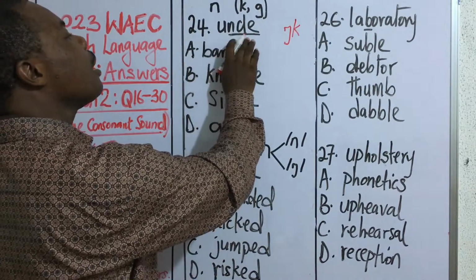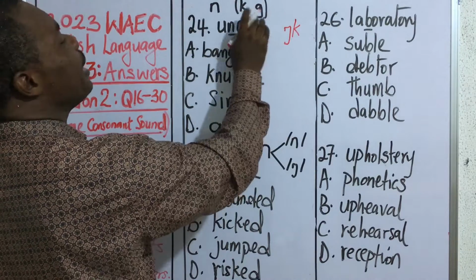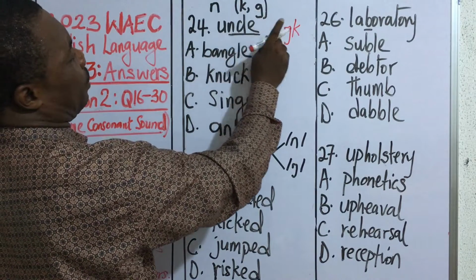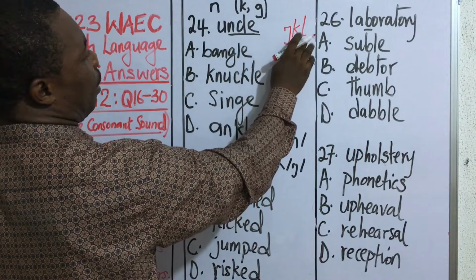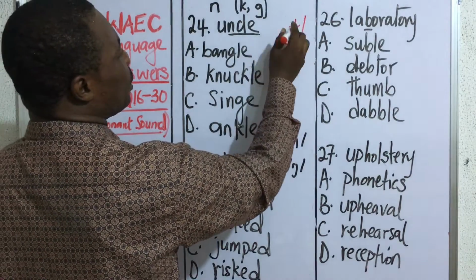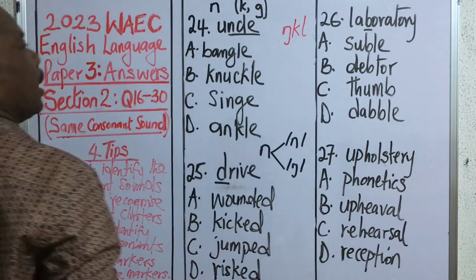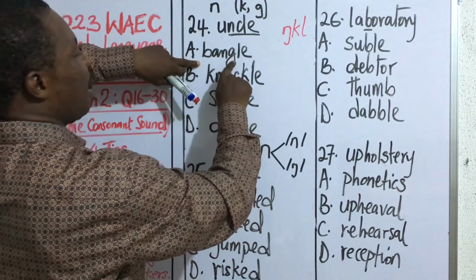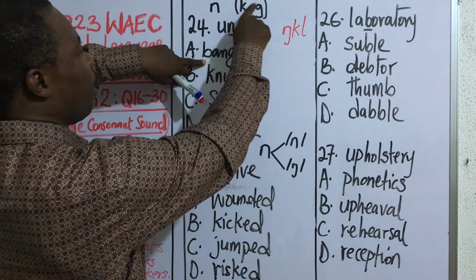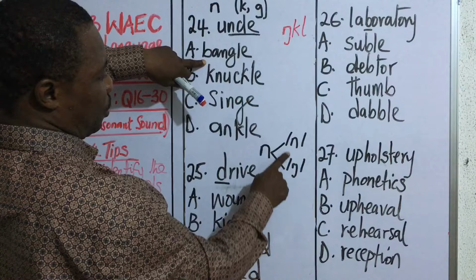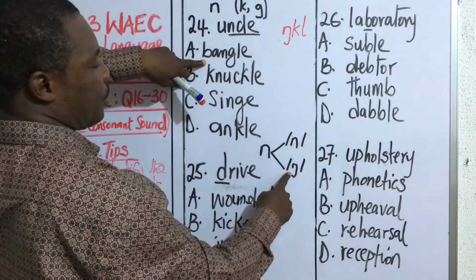And the uncle, then LE, all the letters LE that come together in oral English are realized as just an L. So this sound now is what? Uncle. Right. Option A, bangle. We have already explained that here. Once N is followed by the sound K or G, then you are going to realize what? ng sound.